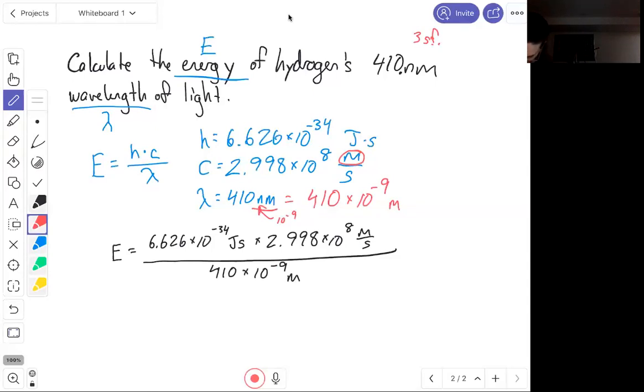And that is going to give me an energy value to 3 sig figs of 4.85 times 10 to the negative 19th joules. Remember in class, I said all of your answers are going to be in this times 10 to the negative 19 range. That's how you know that you've done it correctly. Okay, so the other three pre-lab calculations are just like that.